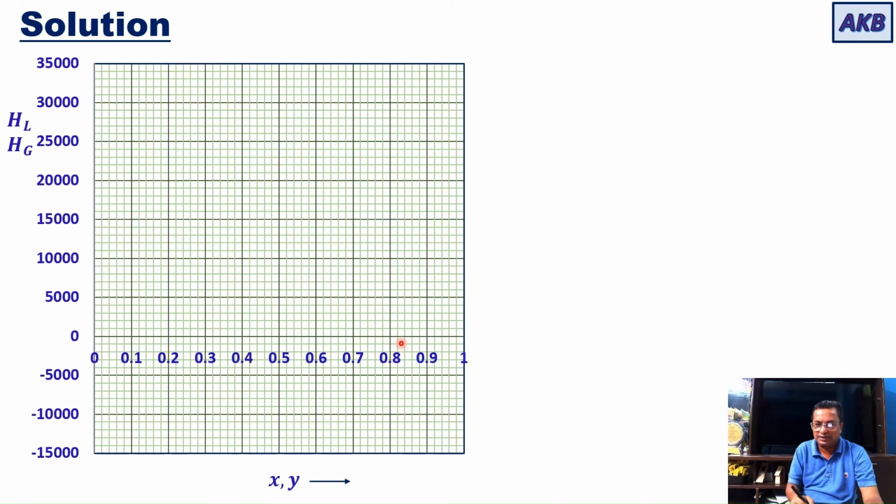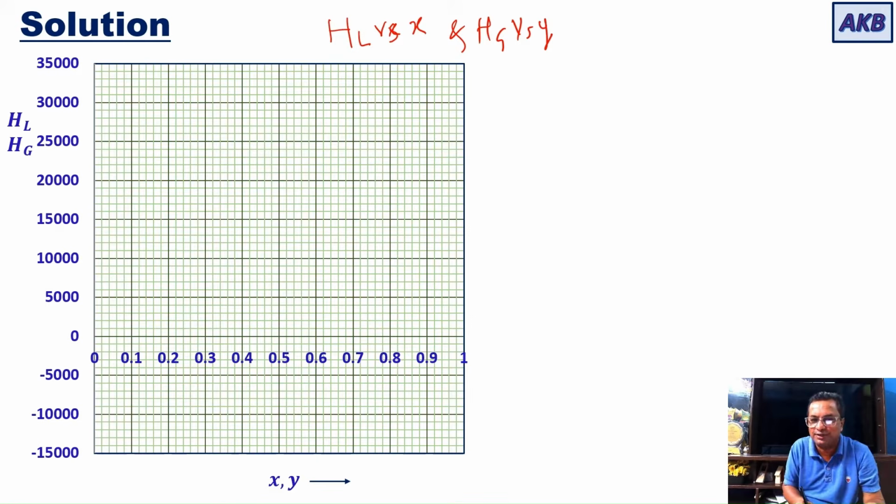So as I said, we are supposed to plot HL versus X and HG versus Y. HL will be plotted against the corresponding X values and HG will be plotted against the corresponding Y values. That will give us the two curves.